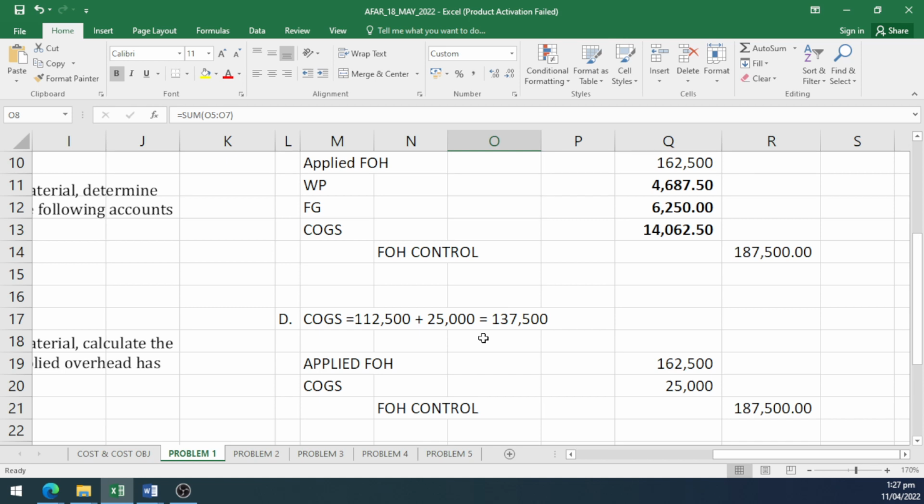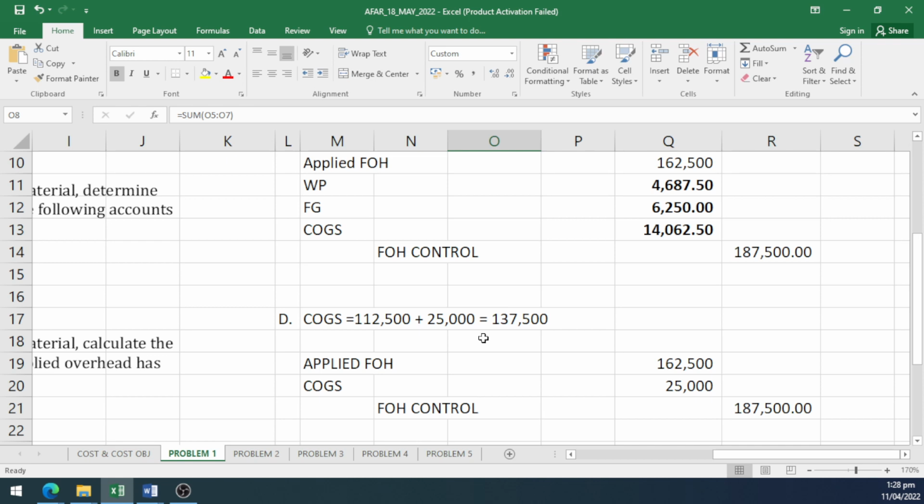Kino-close sa cost of goods sold kung immaterial, ha? Or insignificant. Anyway, immaterial naman. Hindi mamimisstate ang inventories. Pero kung material or significant, ayun, kailangan nating i-prorate. But if the amount is insignificant or immaterial, i-close niyo lang sa cost of goods sold.